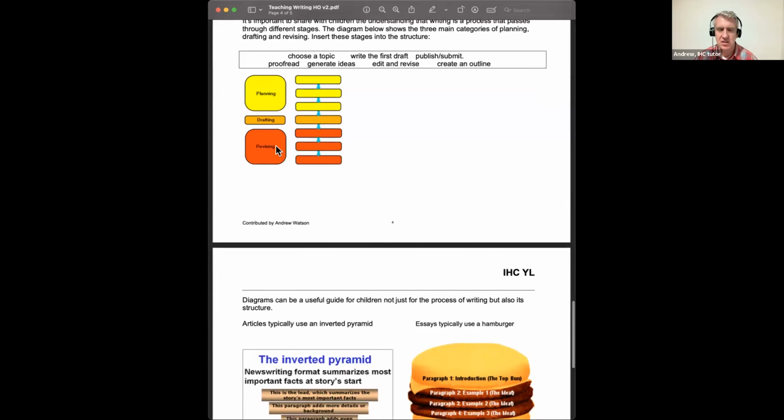So we can use this as a way of, sometimes young learner classes are quite short, so it's not always possible to do all of this in one lesson. So we may have to spread out this process of writing over several classes. For example, you could give the students for homework, they have to write the first draft.